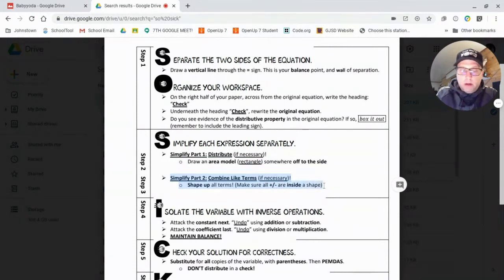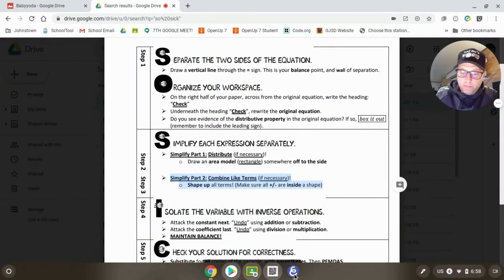Now in the notes, I say to shape up all terms. That's the strategy where you start with boxes and circles so that you have a visual on which terms are like which terms. If those shapes help you, then by all means draw them.